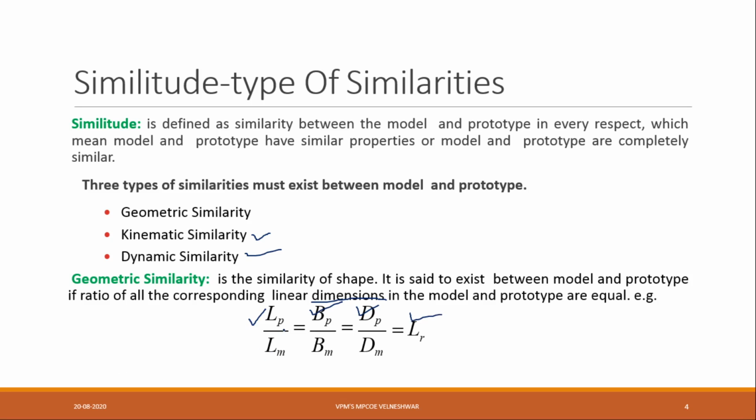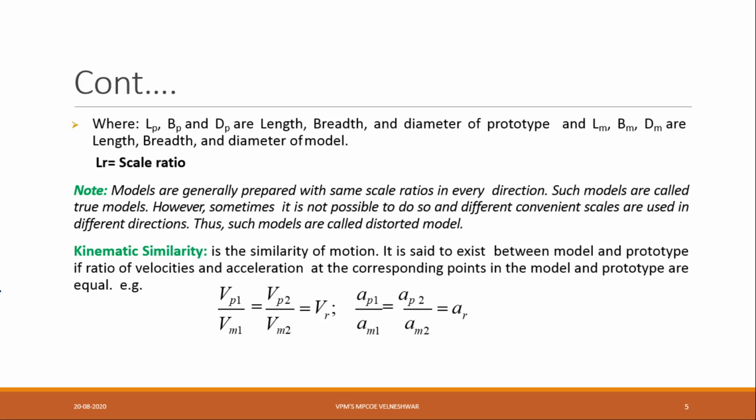Here P is prototype, M is model. Similarly width prototype to width model, and depth or diameter prototype to depth or diameter model. Here LP, BP and DP are the length, breadth and diameter of the prototype, and LM, BM, DM are those of the model, where LR is the scale ratio, meaning how much difference we are showing. Now, models are generally prepared with small scale ratios in every direction.